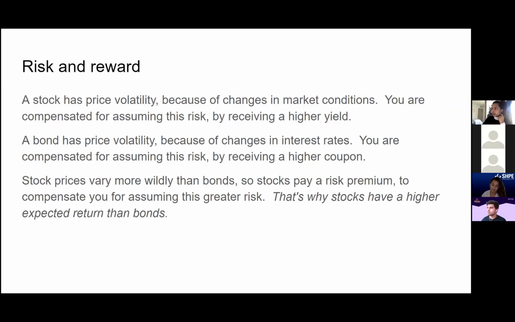And you are compensated for this risk. If I loan you money for 30 years, it means you're going to have to pay me a higher rate, a higher coupon, than if I loan you money for 5 years or 1 year. That's a term risk, and you have to compensate me for locking up my money for a longer time.